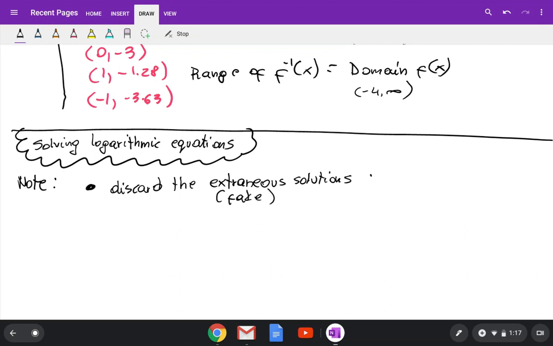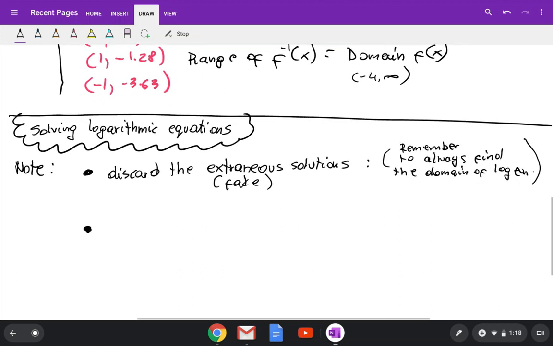Because don't forget to always find the domain of the logarithmic function. So you will know if your solution satisfies the domain of the logarithmic function, which means the expression next to the log is greater than 0. So that's one thing we need to remember.